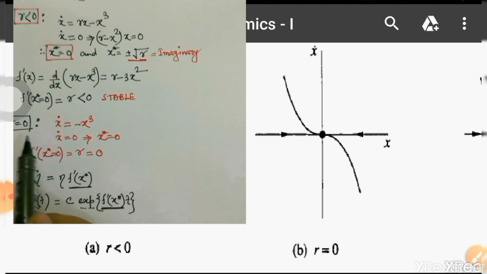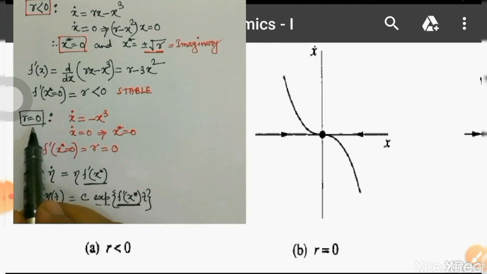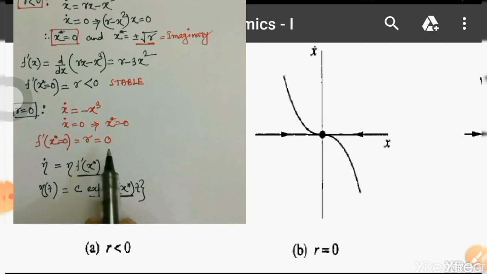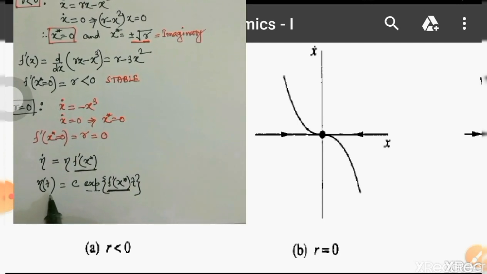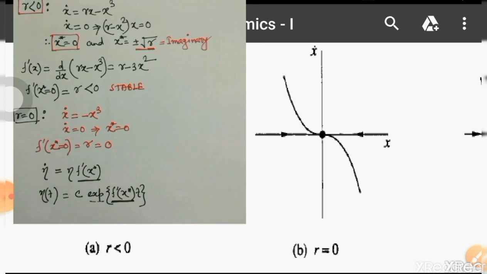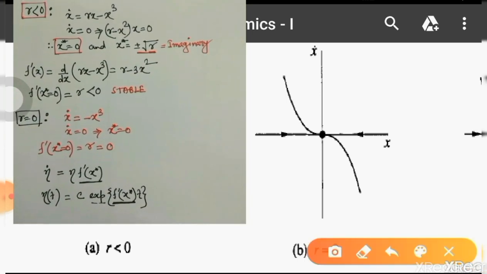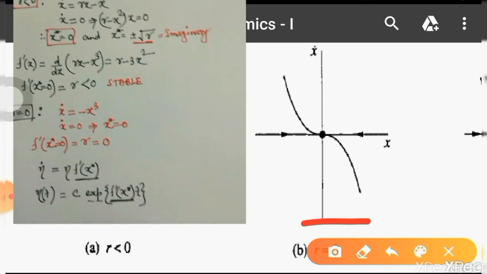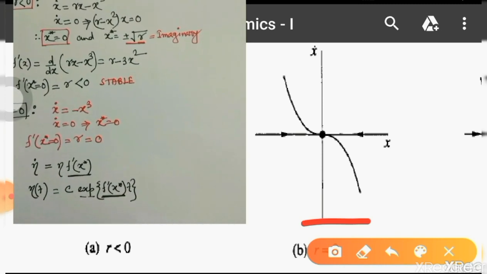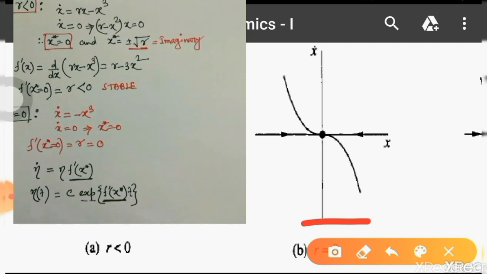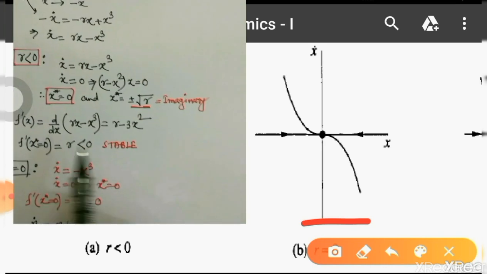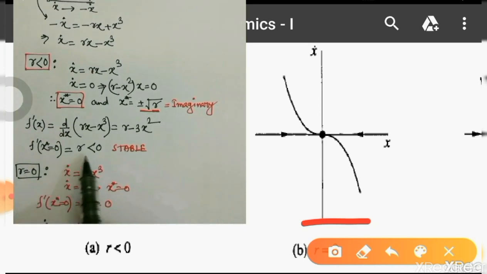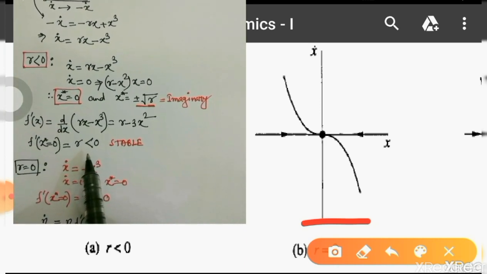Okay. So here for the condition r equals 0, f prime x star is equal to 0. That means perturbation remains constant. So here you can see in figure B, the decay of perturbation is slower than that for the condition r less than 0, when f prime x star has a negative value.